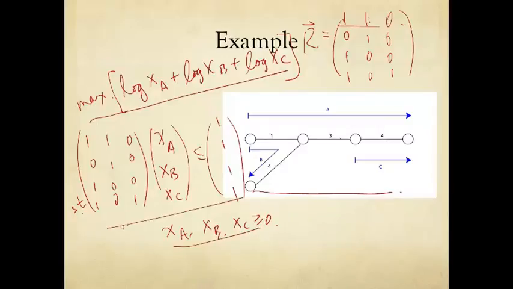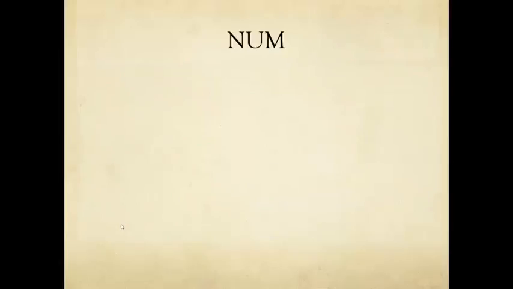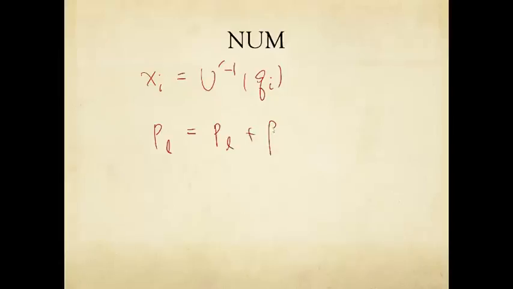Now this matrix induces coupling, but as in the math material, we can decouple that. And we're going to run the following algorithm. The algorithm says that xi equals u prime inverse of the Qi, and PL equals current PL plus a step size times YL minus CL, and this whole thing must be non-negative.